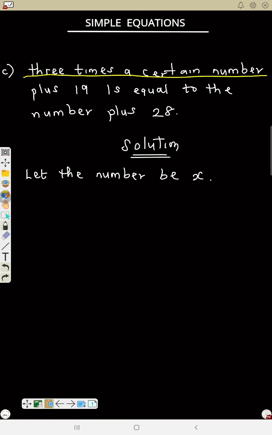3 times a certain number. That is 3x plus 19. As it implies, plus 19. So look at that again. 3x plus 19 is equal to the number.